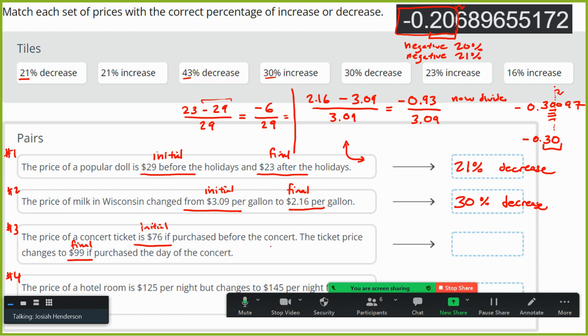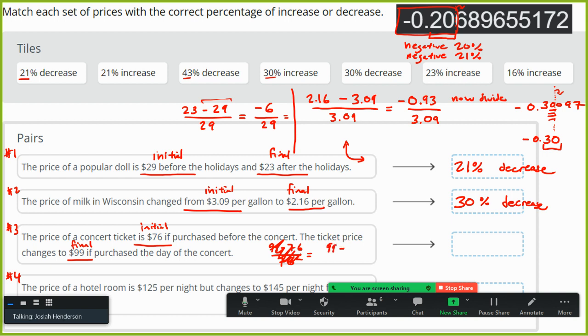So I'll do that work right here next to the writing. Final minus initial over 76 over the... Oh, wait, I did that wrong. I hope you caught that. Final minus initial. Final... Yeah, okay, maybe I didn't do it wrong.